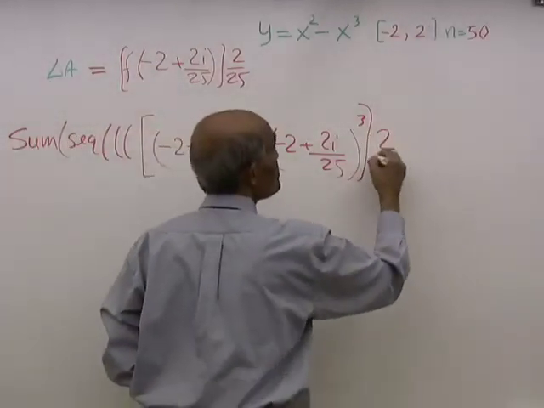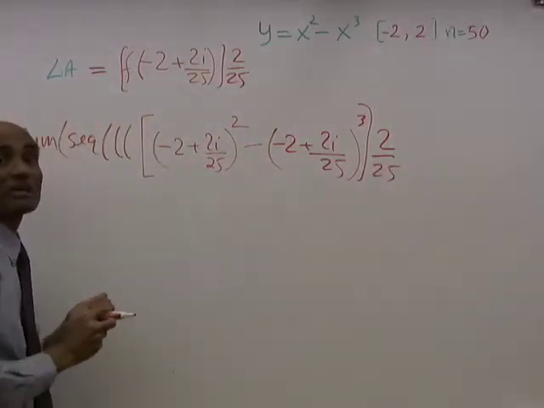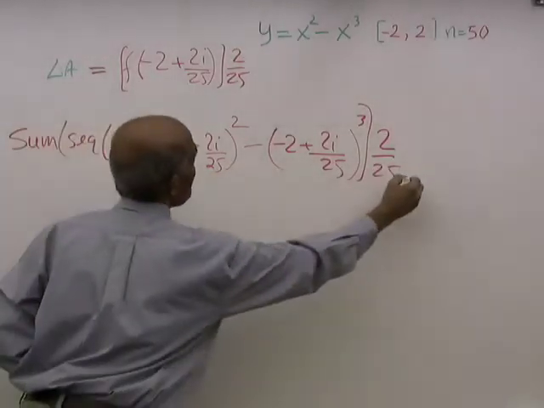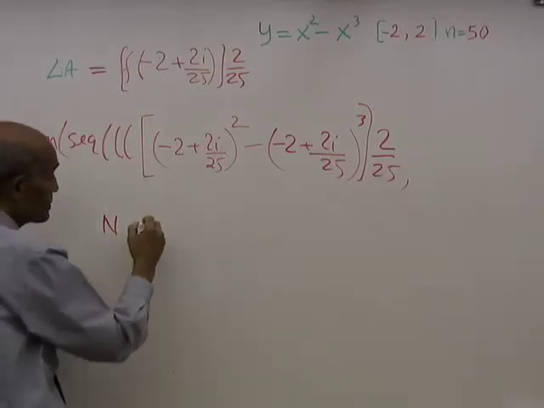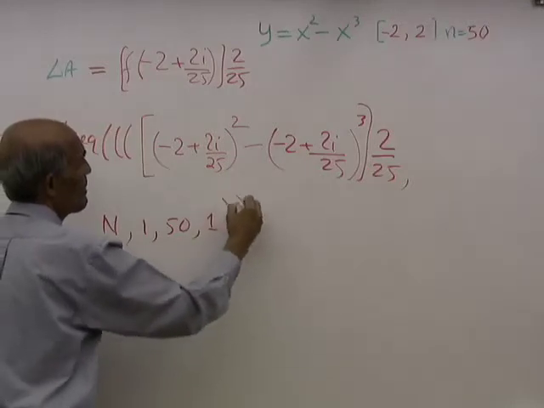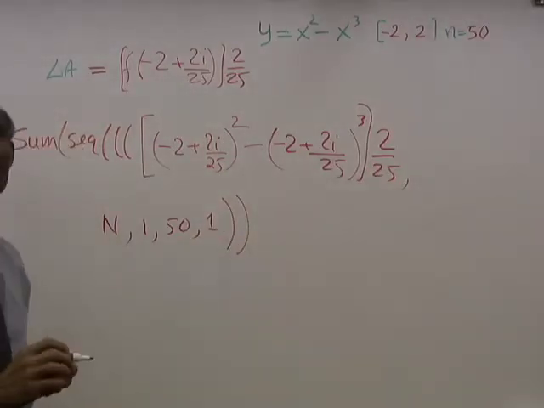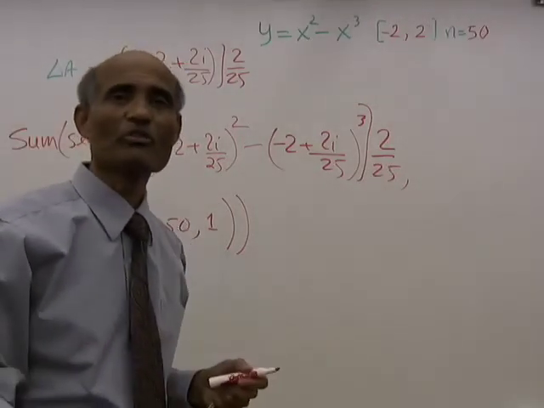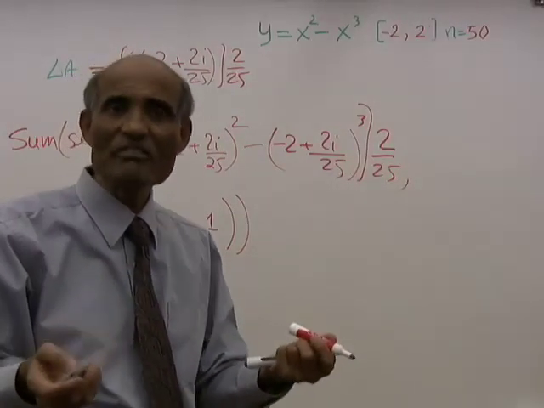Delta x is 2 over 25, and you need to sum it. It will be the sum of these for i going from 1 to 50 in steps of 1. Now evaluate this and make sure that you learn these kinds of skills. A very important skill of understanding the meaning of a definite integral.